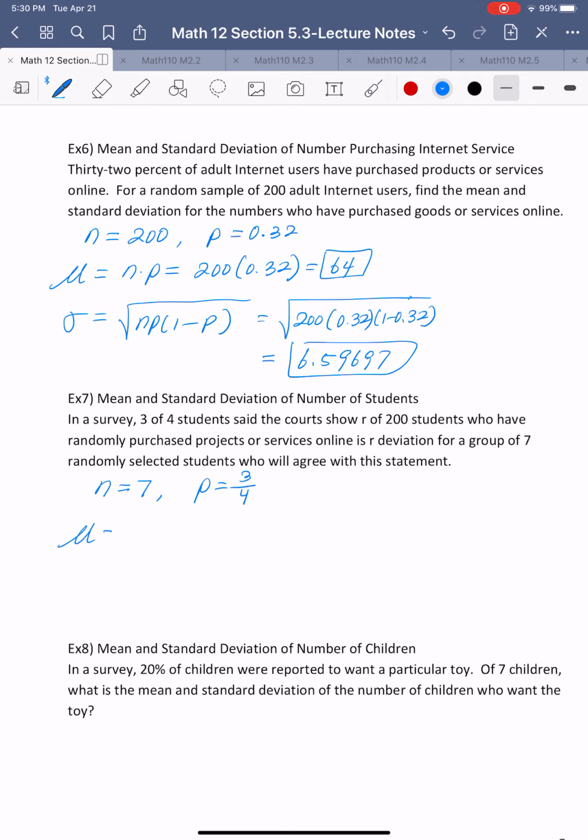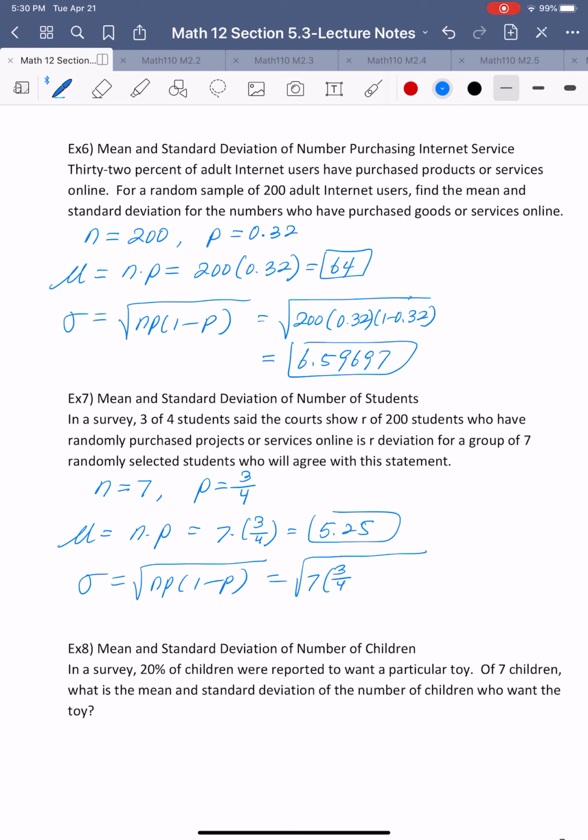So in order to get mu, n times p, which is 7 times 3/4, it comes out as 5.25. And then the standard deviation is going to be the square root of n p times 1 minus p, which is 7 times 3/4 and 1 minus 3/4, which is 1.1456.